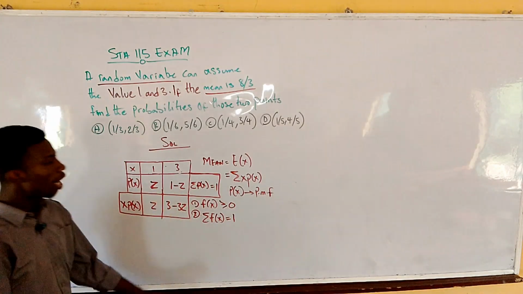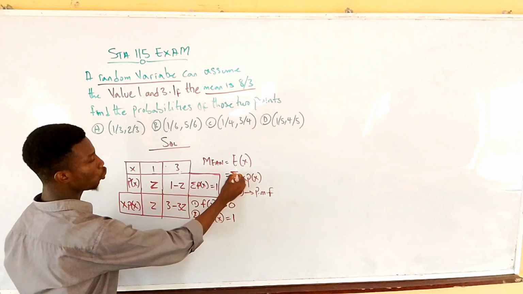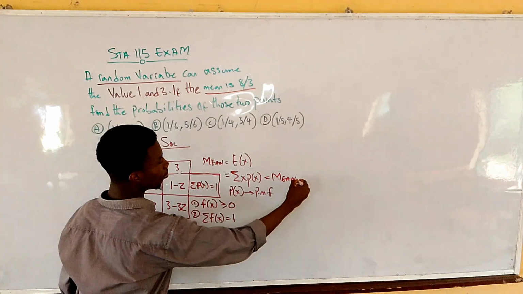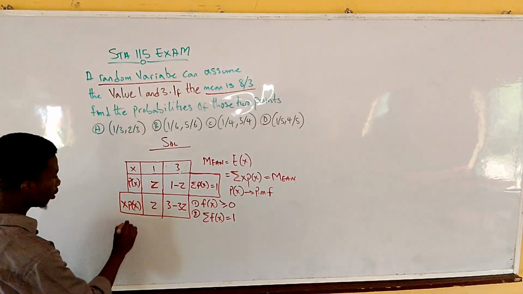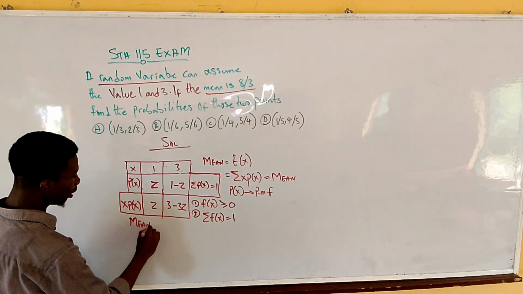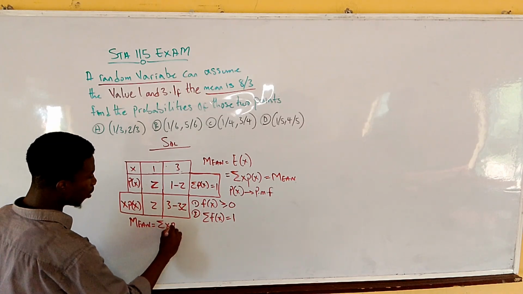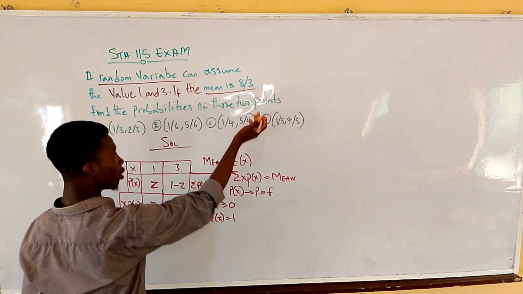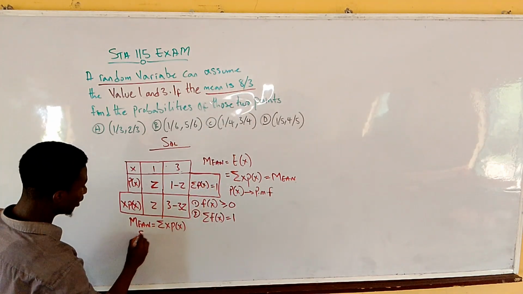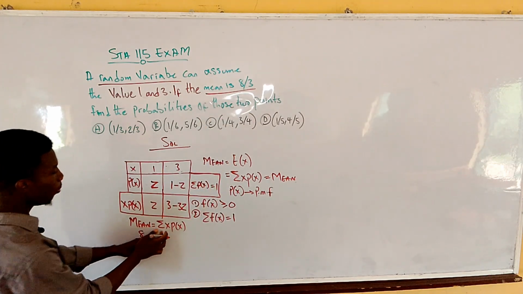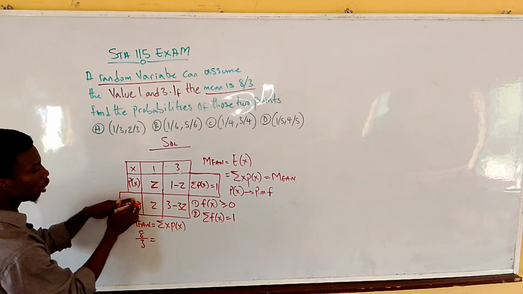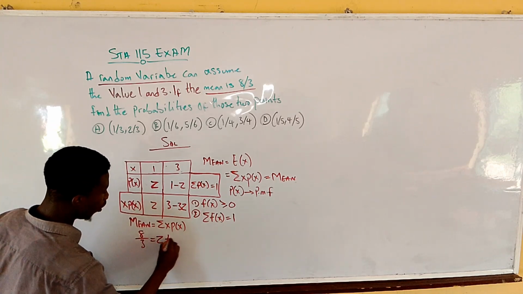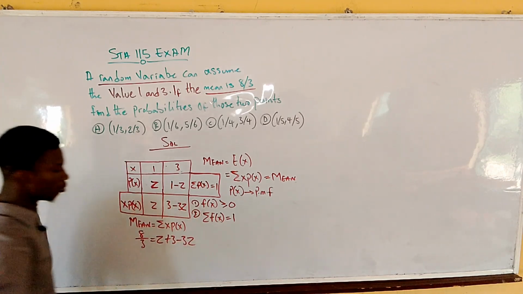Now, this summation of x p(x) is my mean. So the mean is 8/3, which is equal to the summation of x p(x), that is z plus 3 minus 3z.